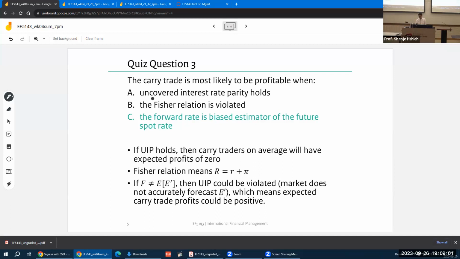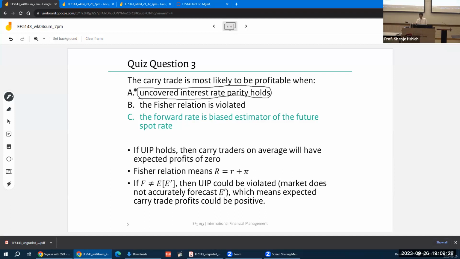Uncovered interest rate parity holds. If you understood what interest rate parity means, it means that on average, in expected value, the mean return of borrowing short at low interest rates and lending out at high interest rates is basically zero. So on average, this strategy of borrowing low and lending high will give you zero profits.